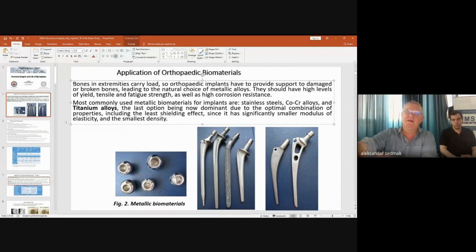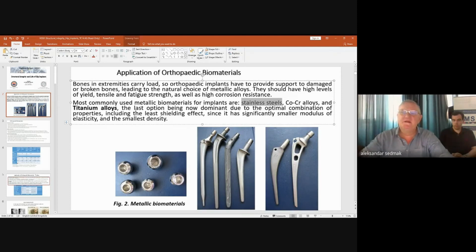But anyhow, what I will show you today with the help of Alexa is a possible choice of three materials which are used for hip implants, and those are stainless steels, cobalt chromium, or sometimes called cobalt-based alloys, and titanium alloys.